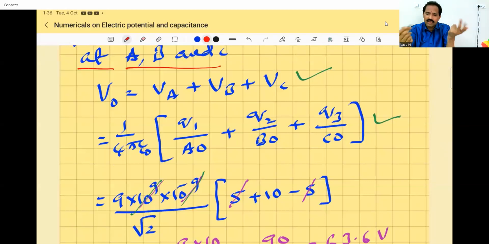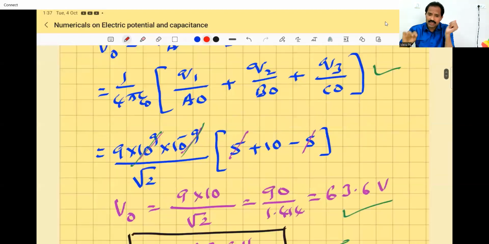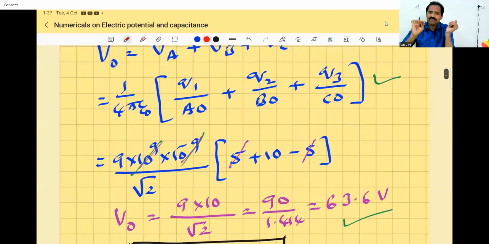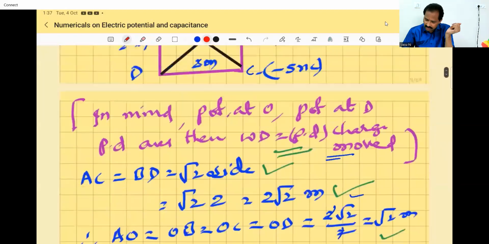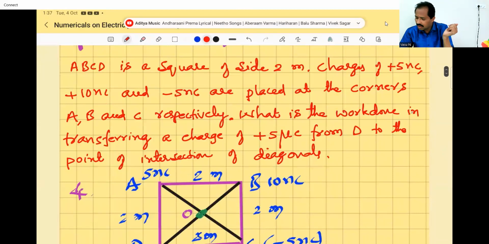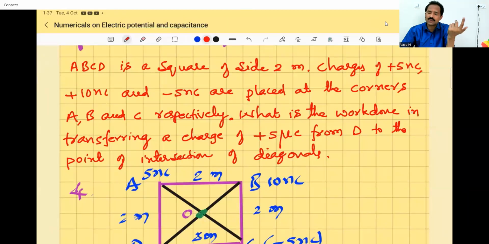Next step, substitution. What is 1/4π epsilon naught? 9 into 10 power 9. Q1, Q2, Q3 are given in nano coulomb. Care must be taken. 5 nC, N stands for nano, and nano stands for 10 power minus 9.